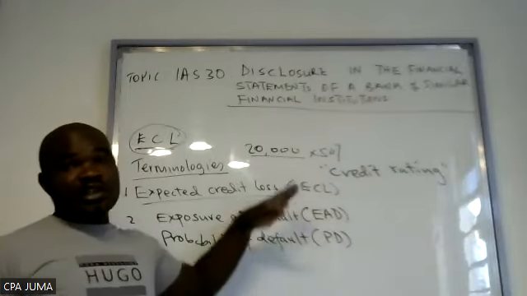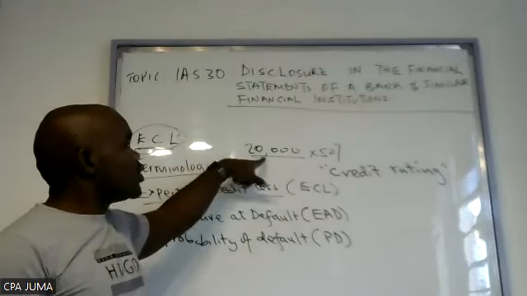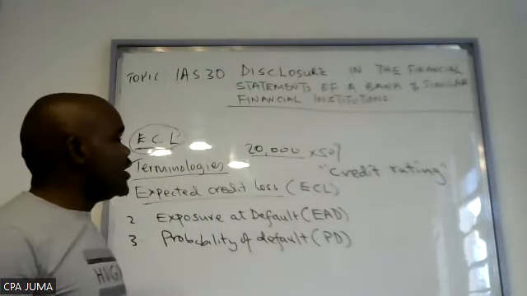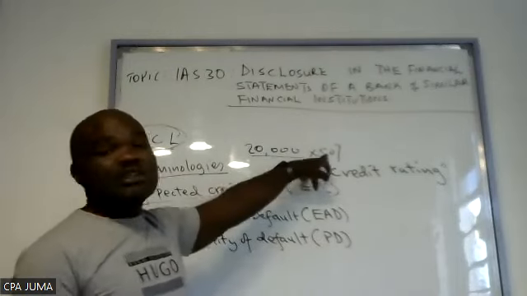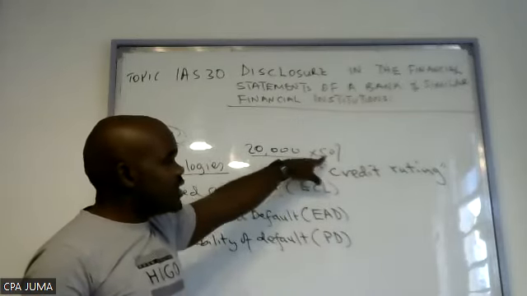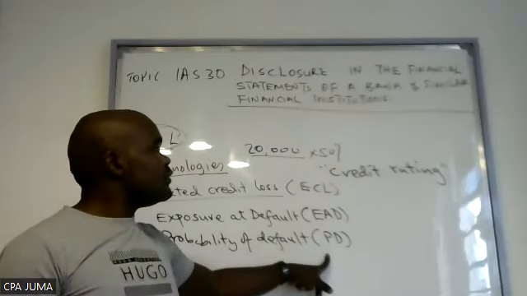I go back to what we were saying. The bank gave out a loan, total loan which was given out was 20. The probability that these people may fail to pay is 50%. So 50% itself, that rating, is the PD, the probability of default.